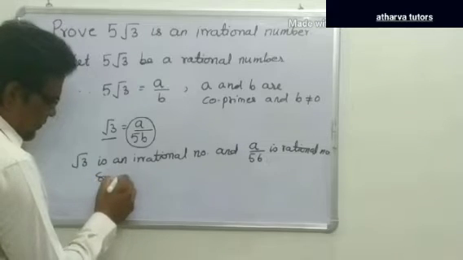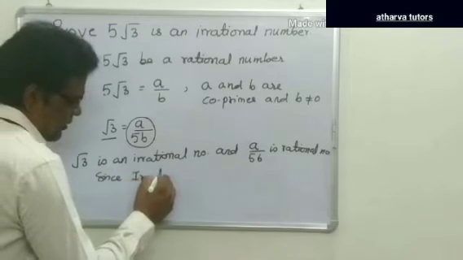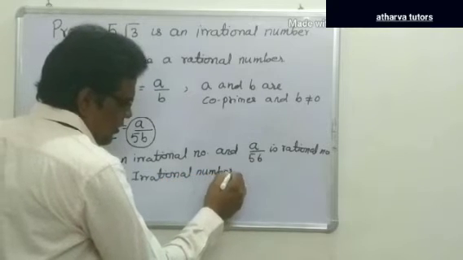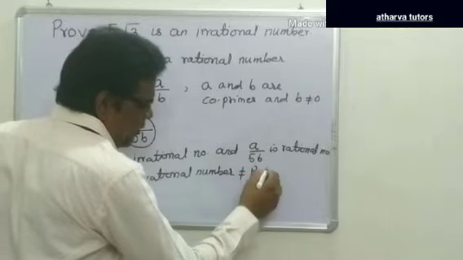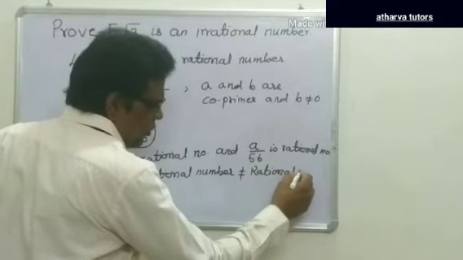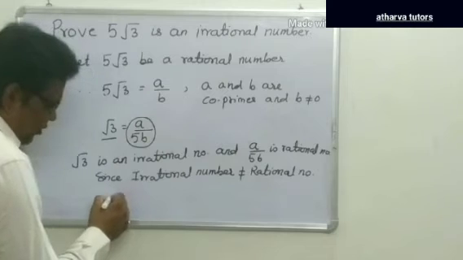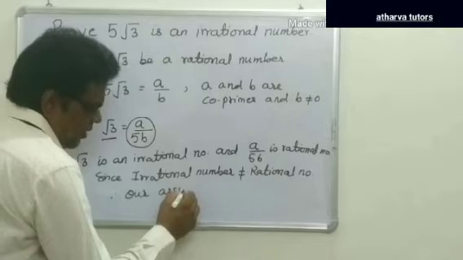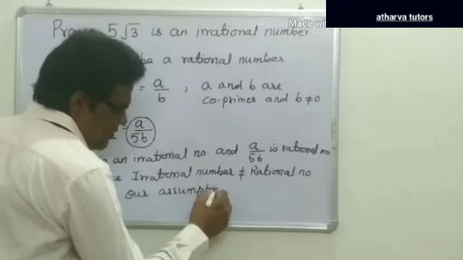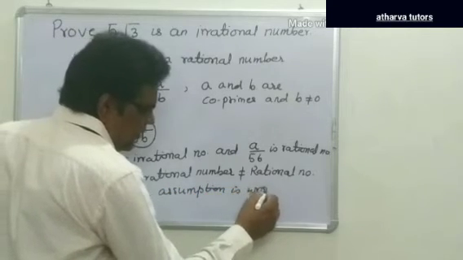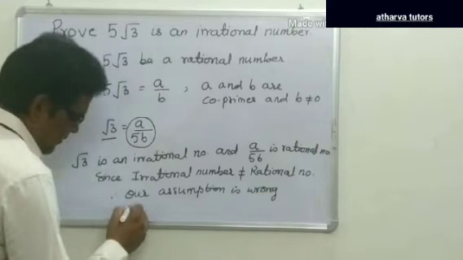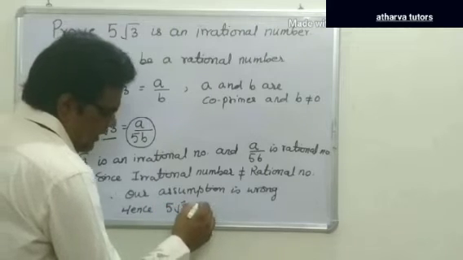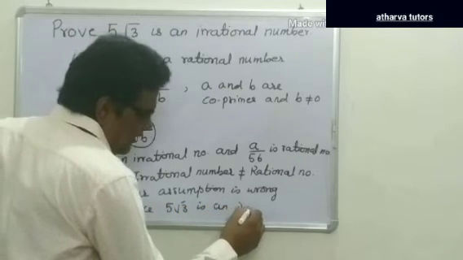Since irrational number is not equal to rational number, therefore our assumption is wrong. Hence 5 root 3 is an irrational number.